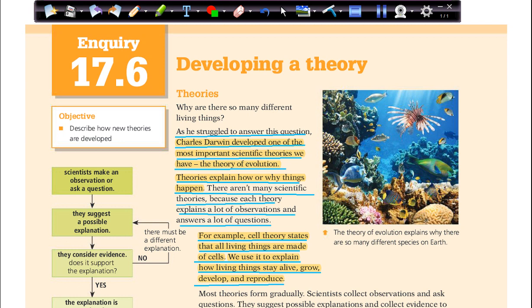These cells are still having their chemical reactions, and without these reactions they will not stay alive. That's how all organisms are alive, because they are made of cells, and these cells are growing, developing, reproducing all the time.